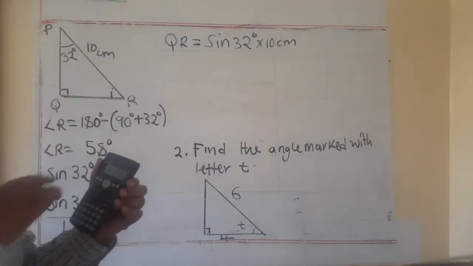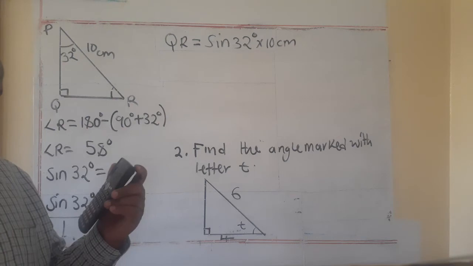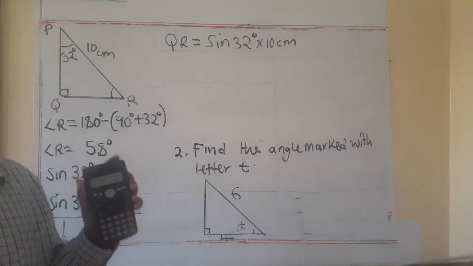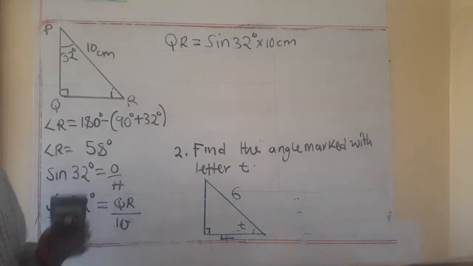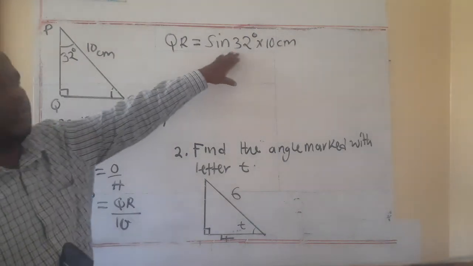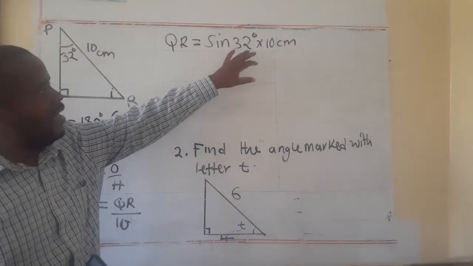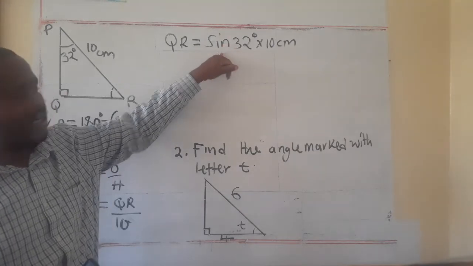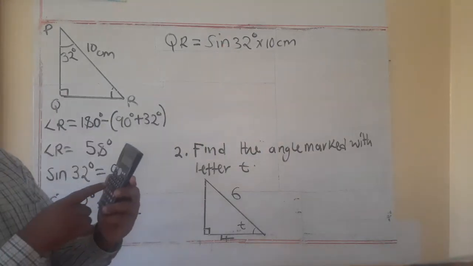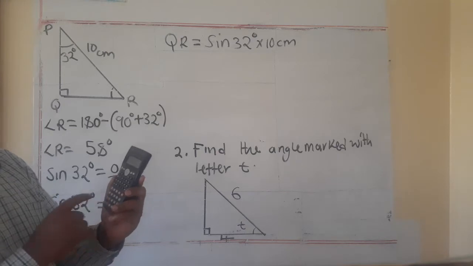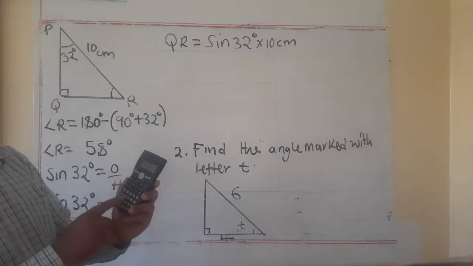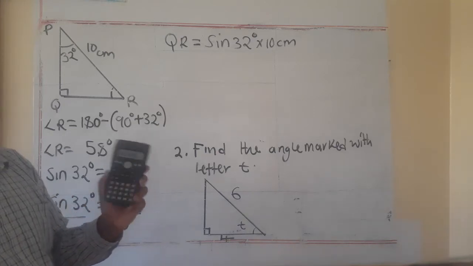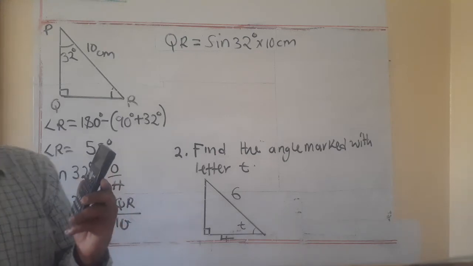With me, I'm using a Casio calculator, FX82 MS. So what we are going to do here, you punch sine 32. But other calculators will demand that you start with the number, then the trig ratio. So you need to know the calculator that you are using. So I'll say sine 32, you multiply direct by 10. So this is what I'm getting. About 5 point.